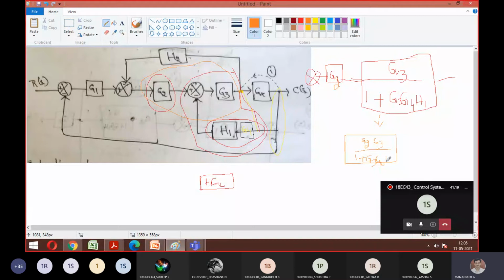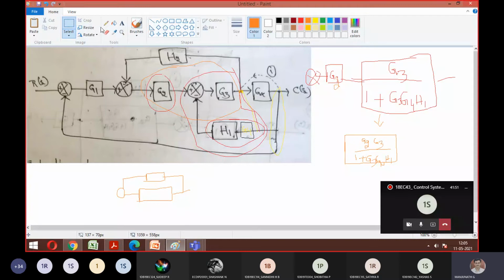Now tell me what is the next level? Elimination, H2. Good. So this complete path has gone off and it looks like this. There is a summing point here, and there is H2 here, and this answer you got, this complete block. Now again implement your reduction technique formula.